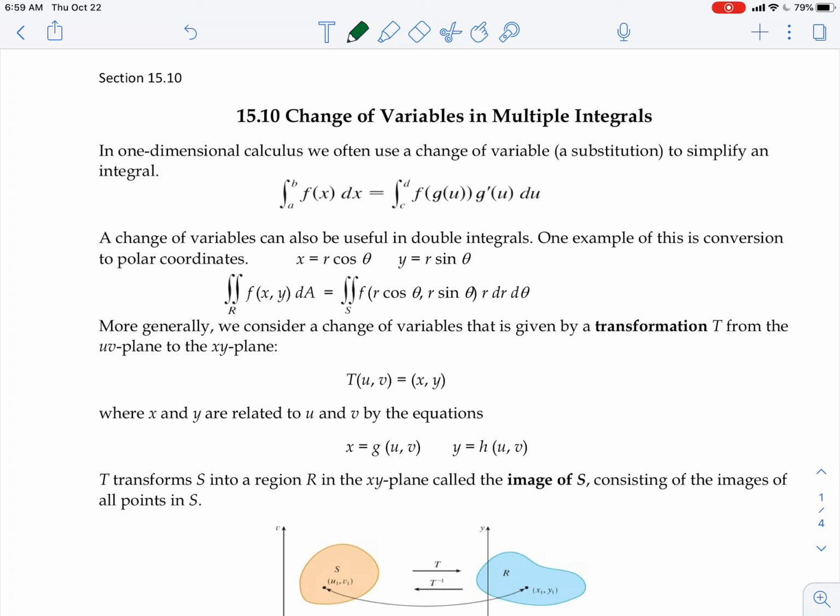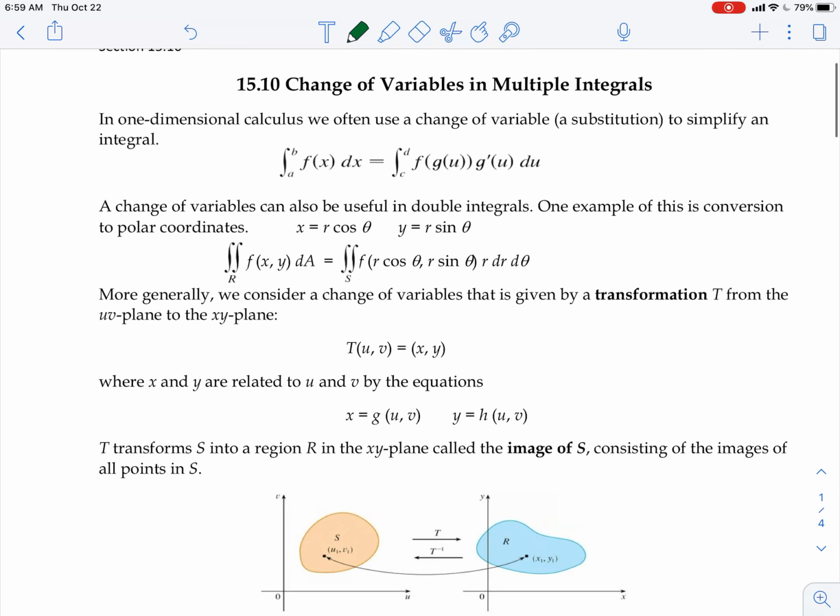And so, like U substitution, where we changed our variable to give us a better axis to integrate above, that's the same concept here. We're going to change the region in which we're integrating above, starting with a region that's very, very difficult.